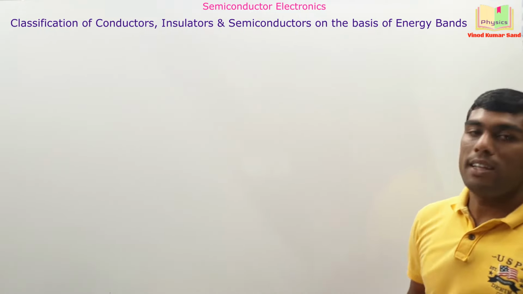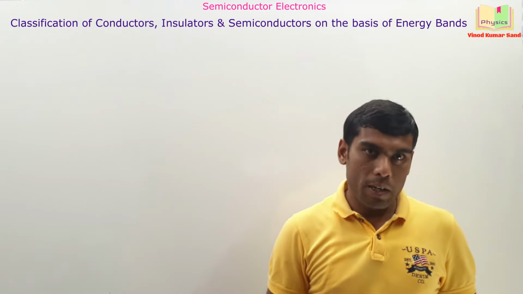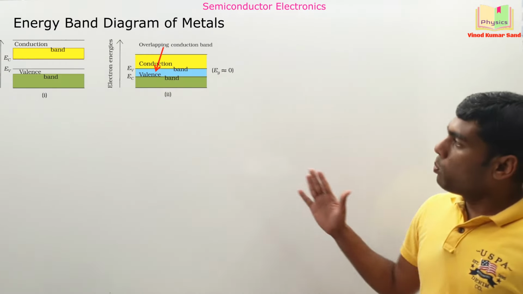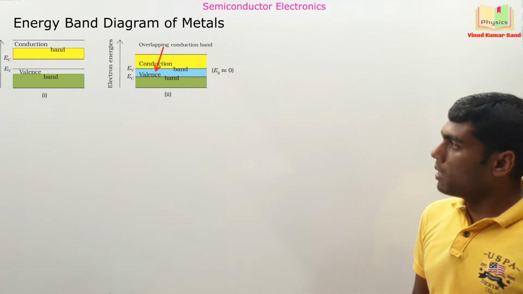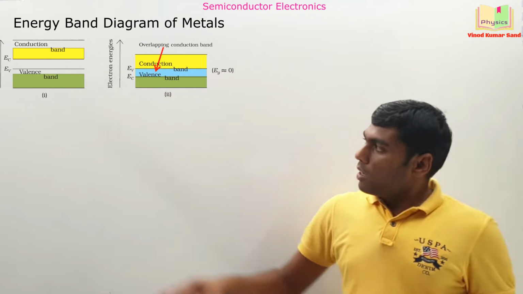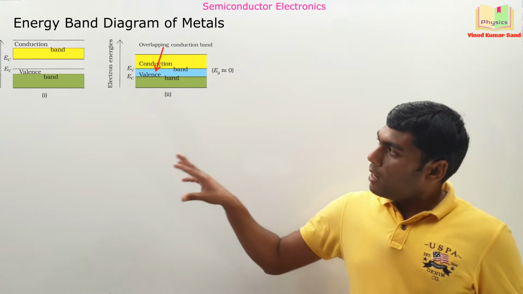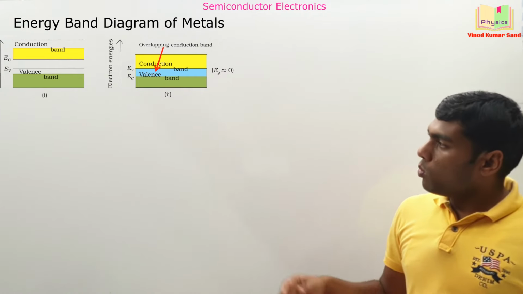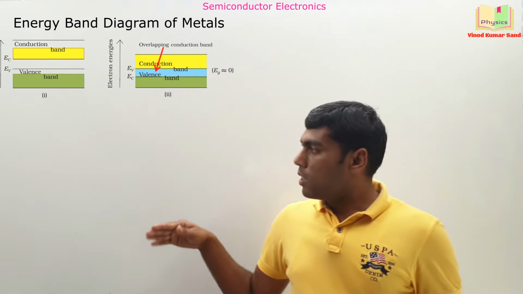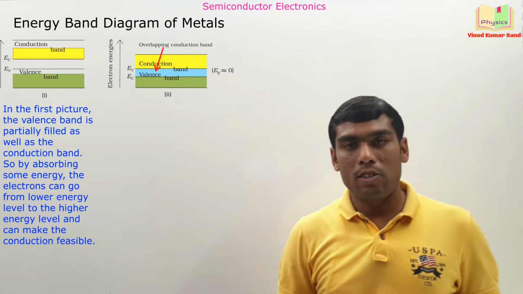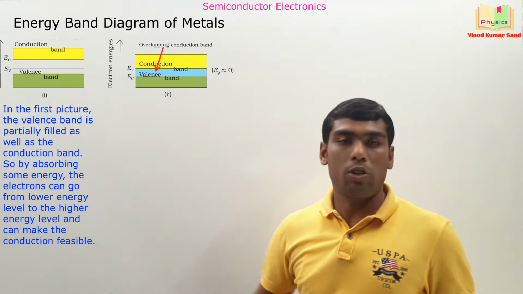Classification of the materials based on the energy band diagram. First of all, we will be talking about the metals. Here are the two possible pictures of the energy band diagrams of the metals. In the first picture, the valence band can be partially filled as well as the conduction band. So by absorbing some energy, the electrons can go from lower energy level to the higher energy level and can make the conduction feasible.